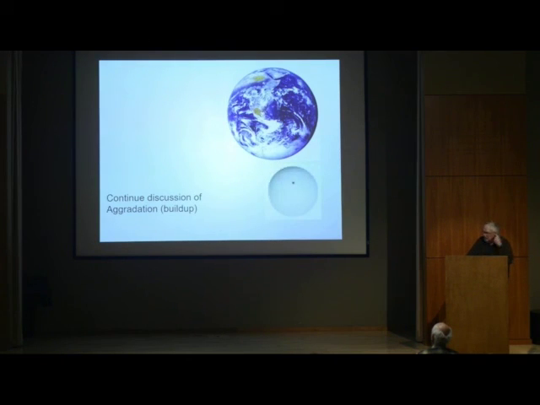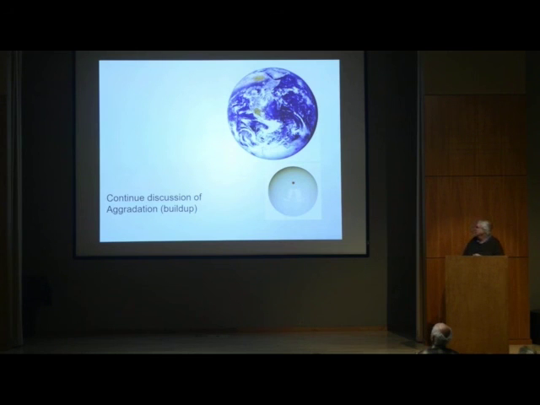So let me ask you a question. We've talked about weathering, erosion, sedimentation. If that were all that were going on, the planet Earth would look like a billiard ball. In other words, completely smooth. I started to say flat, but it's not flat. Or a bowling ball, let's say, without the holes in it.